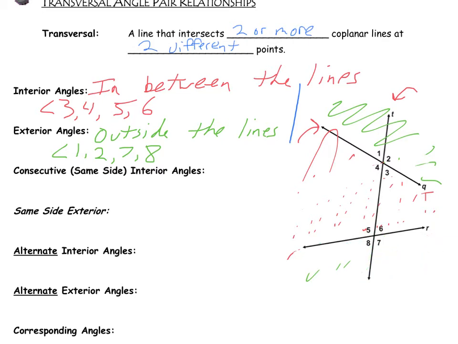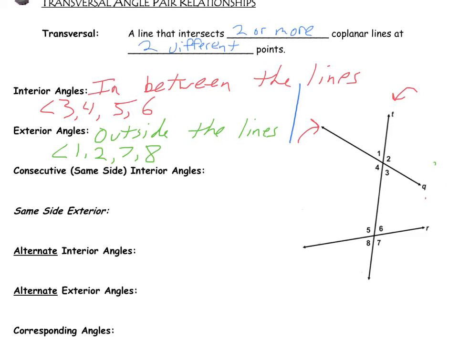Okay, next we're going to be looking at, and you're going to have to be careful in this vocabulary, consecutive interior angles. Consecutive, you may also see that talked about as same side. So if we're talking about interior angles, we're still looking at these angles that are in between the lines. Consecutive would be same side.